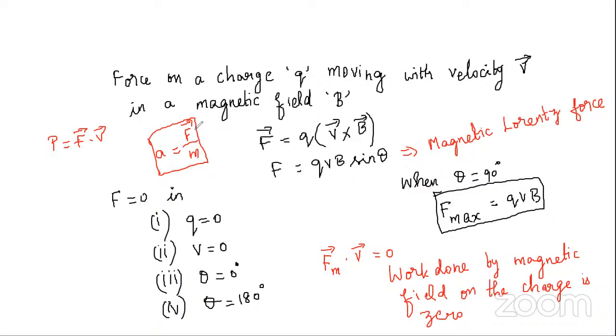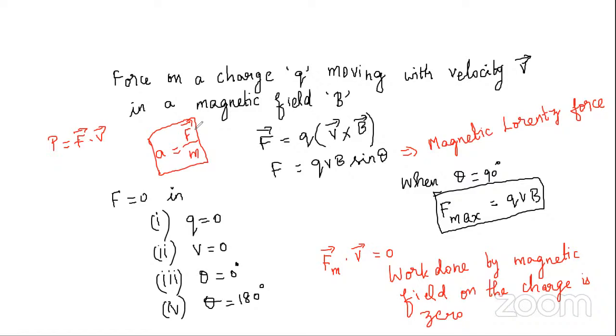So here the acceleration is nothing but the change of direction only, because due to the magnetic force, only the direction of motion of the charge changes. So that's why you are having some acceleration there. Okay. So this acceleration equals F by m.